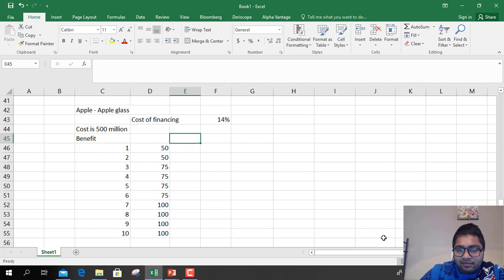Let's do that. So we create a cash flow profile, the NPV cash flow profile. It starts with years 0, 1, 2 till 10.